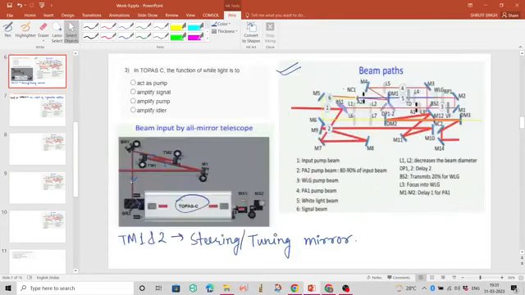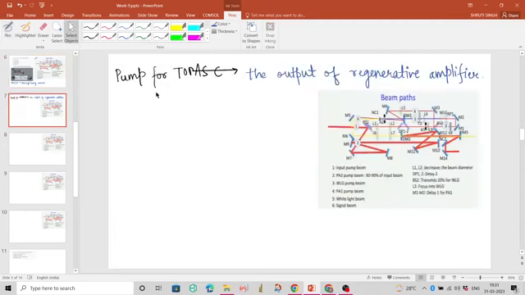What we discussed here is that the output of the regen goes in as the pump. So from here the figure starts. After this part the path is this. This red light which is entering is shown as this one, which hits this BS1. Now BS1 is a beam splitter, a normal beam splitter.